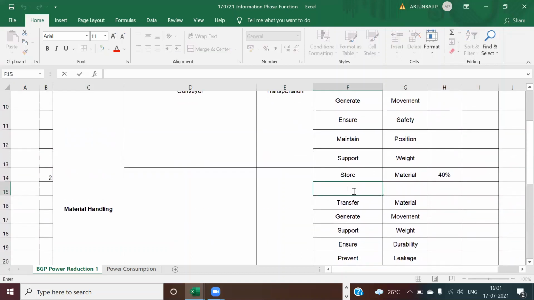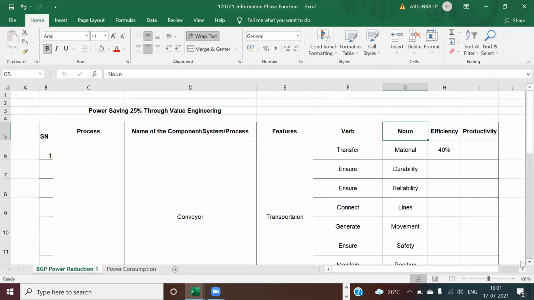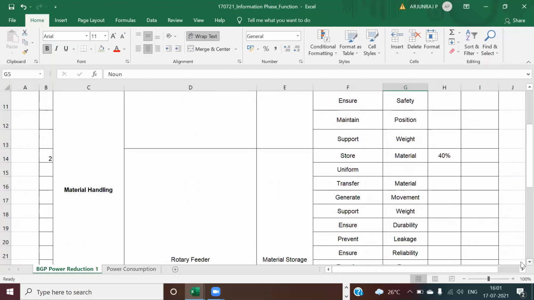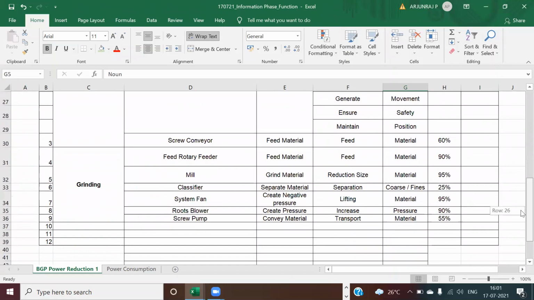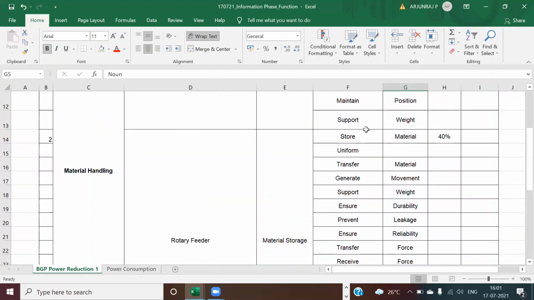Uniform feed means at 5 TPS or 10 TPS, it can supply a fixed amount with no variation. That's what uniform is. Does it mean equal size? Instead of uniform, can we have maintain shape? Maintain size or shape?